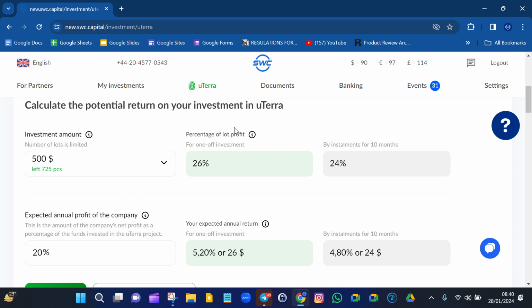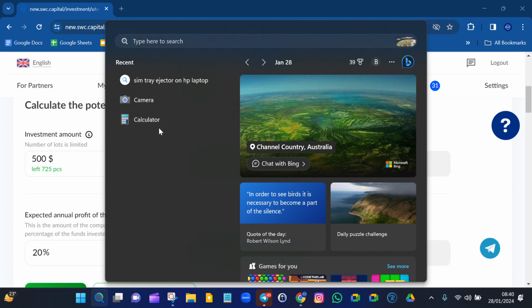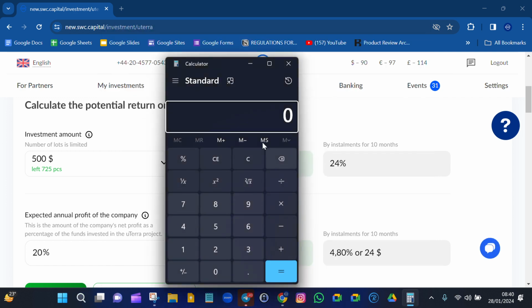Now for the $500 package, which is the lowest, you have 26% if you make the full payment and 24% if you pay in installments. So let us look at what that will give you. Let's again pull up the calculator and run the numbers. Now first of all, what is 20% of $500? So 20% of $500 is $100.